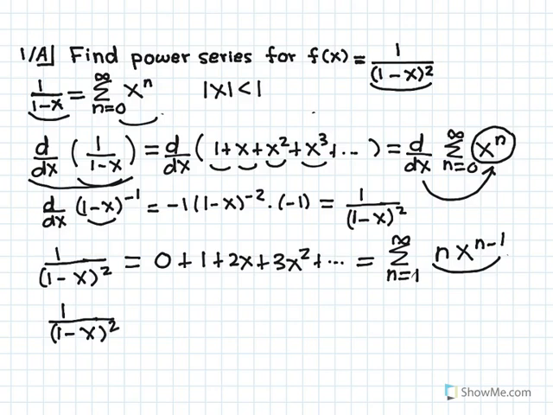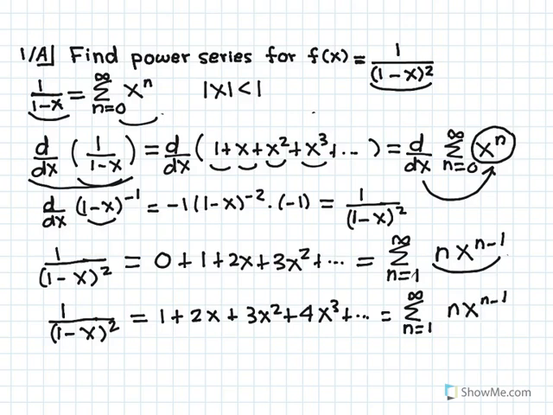So we now have the power series representation of 1 over (1 minus x) to the power of 2. In expanded form, this is equal to 1 plus 2x plus 3x squared plus 4x cubed, and so on. In summation notation, this is summation n equals 1 to infinity n x to the power of n minus 1. Now, the original geometric series had a radius of convergence equal to 1.